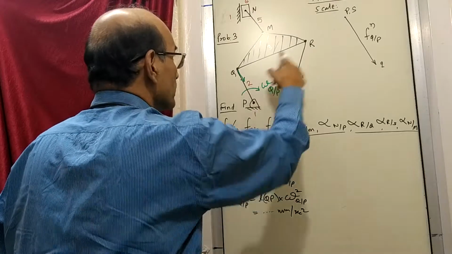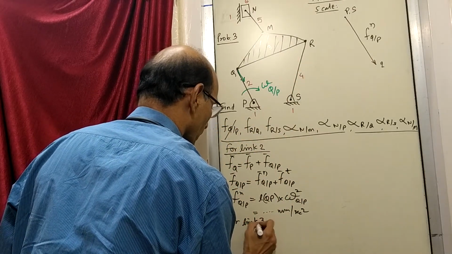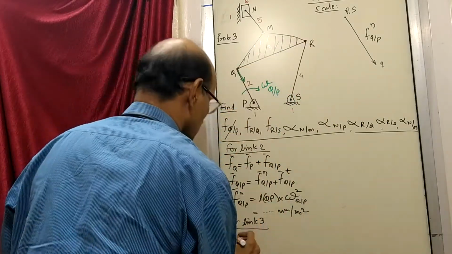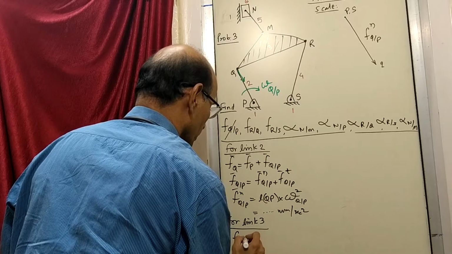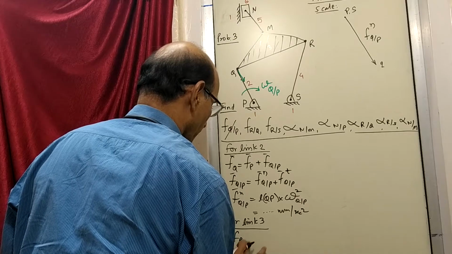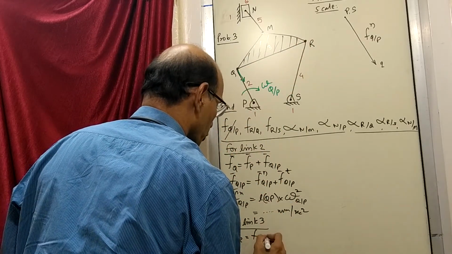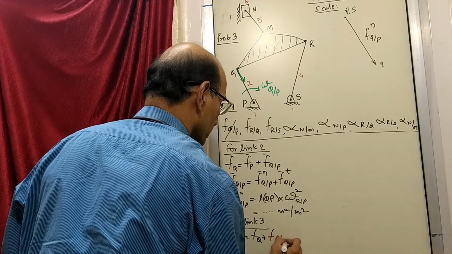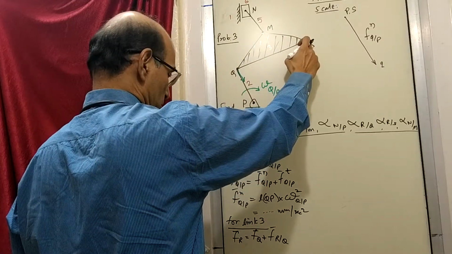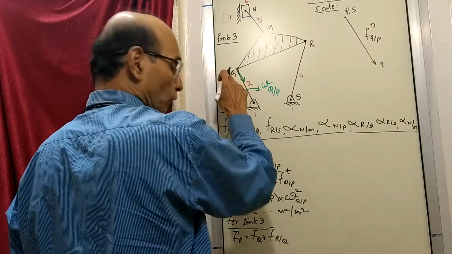Now the next link is 3. So for link number 3 now, we write acceleration of r with respect to q. Acceleration of r is equal to acceleration of q plus acceleration of any point r with respect to known point q.